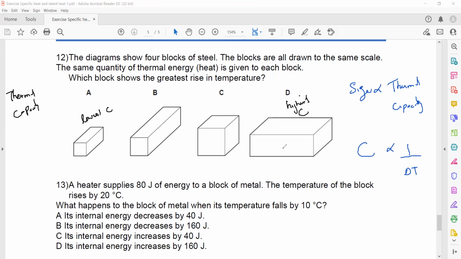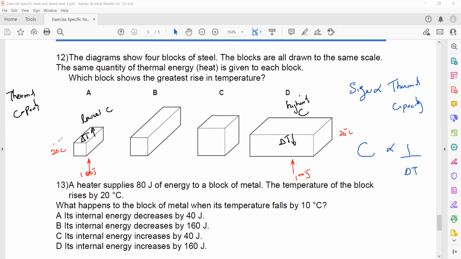The one with the highest thermal capacity will have a smaller temperature change, and with lower thermal capacity the temperature change will be higher. For example, if I supply the same amount of energy, 100 joules, to both block A and D, originally A was at 20 degrees. Here I also supply 100 joules, and originally this is also at 20.